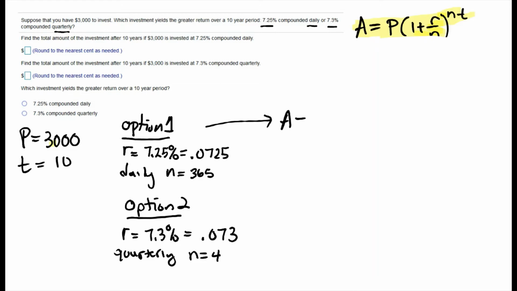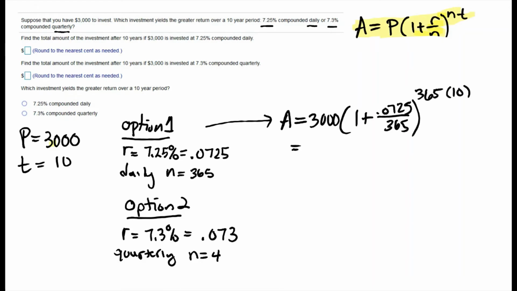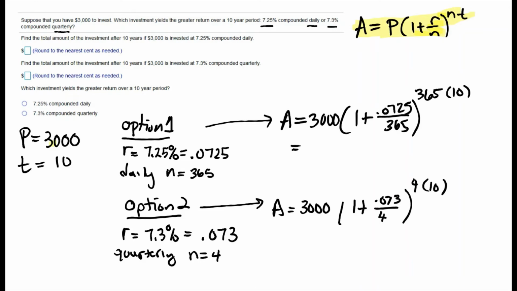That's going to be A equals 3,000 times 1 plus 0.0725 over 365 to the 365 times 10 years. We're going to put that in a calculator, and then for option 2, we have 3,000 times 1 plus 0.073 over 4 to the 4 times 10.